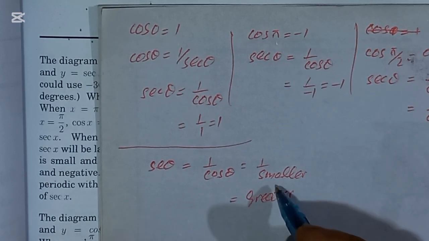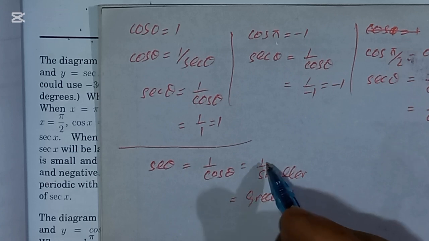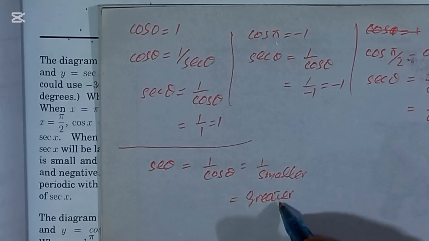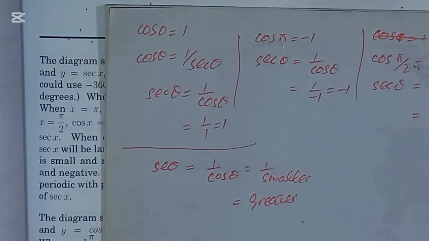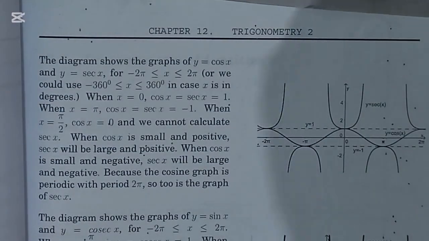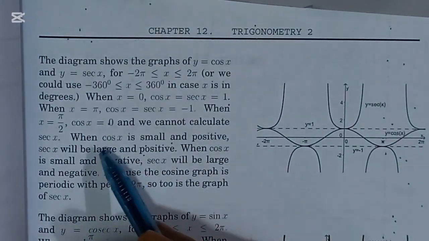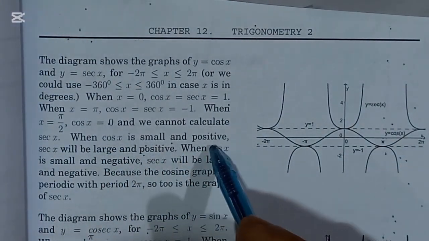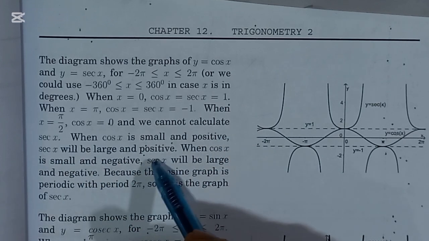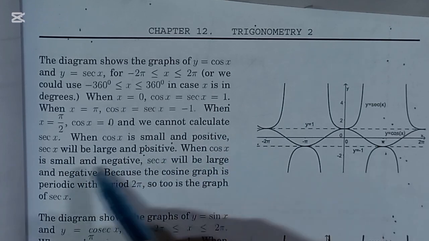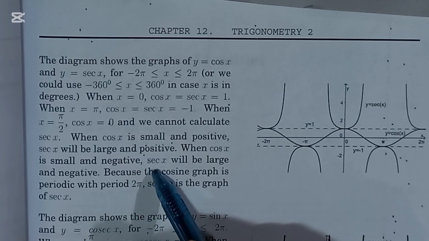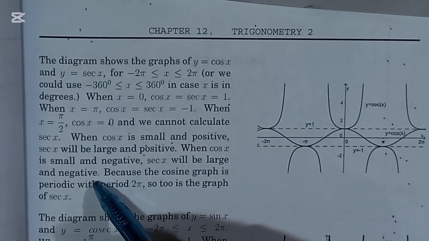And if we put a greater value, 1 over greater will be smaller. So this is the concept used here. When cos x is small and positive, secant x will be large and positive. When cos x is small and negative, secant x will be large and negative.